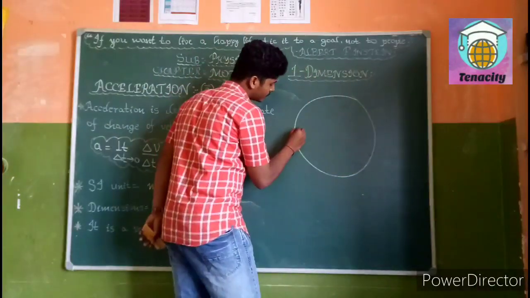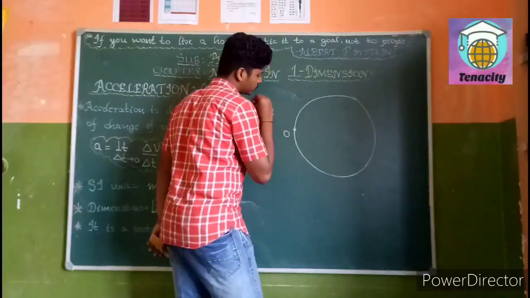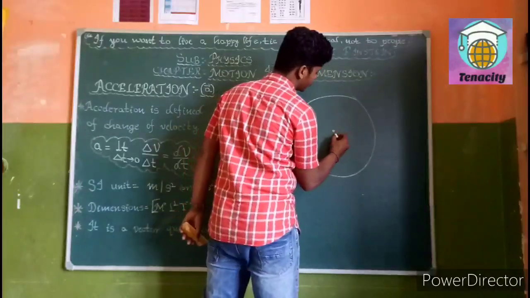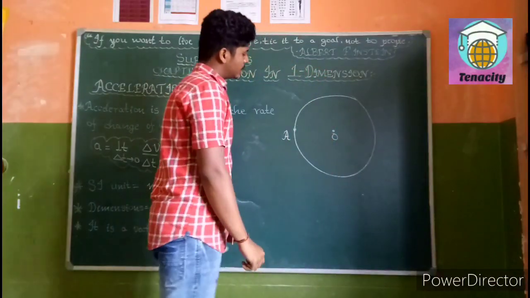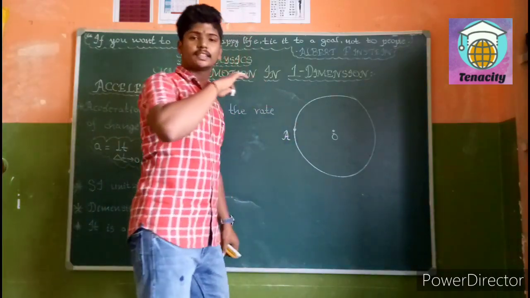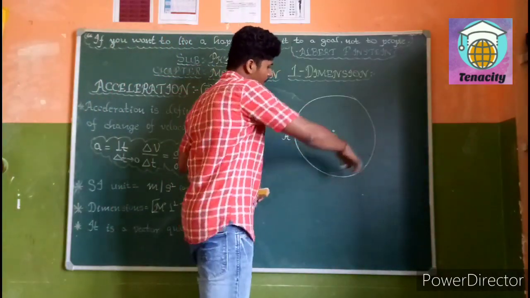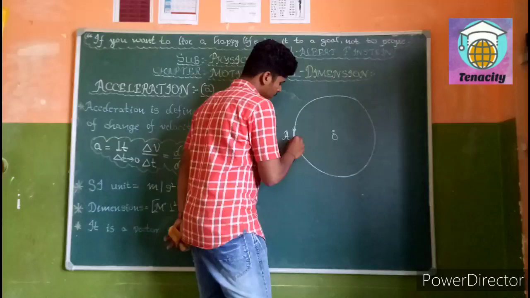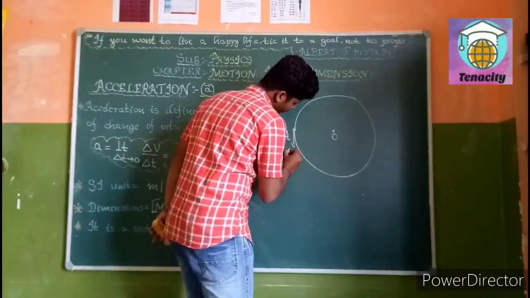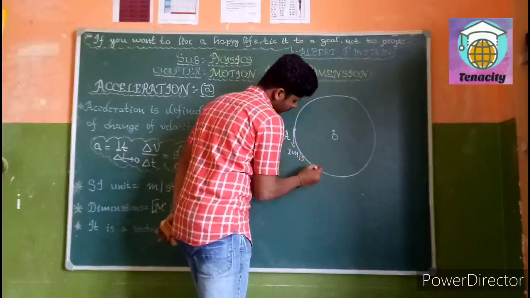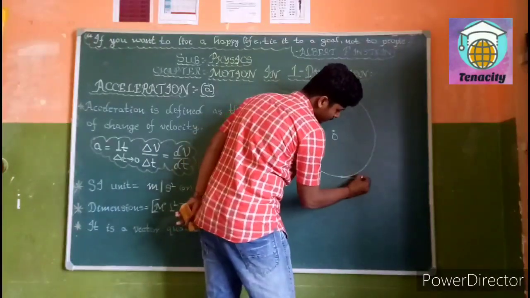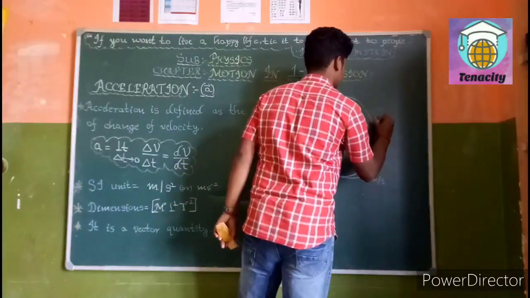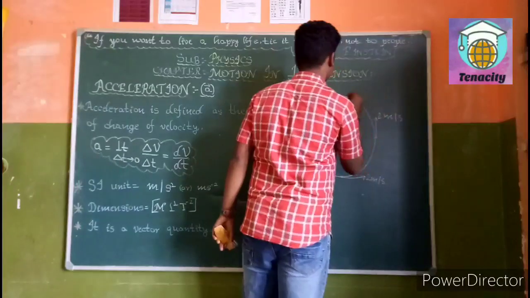A man is at point A, and let the center of this circular path be O. Let us think that he is traveling in the circular path with uniform speed, 2 meter per second, and at every instant he is traveling at 2 meter per second.